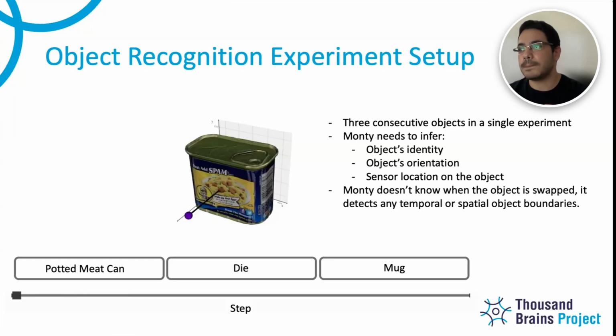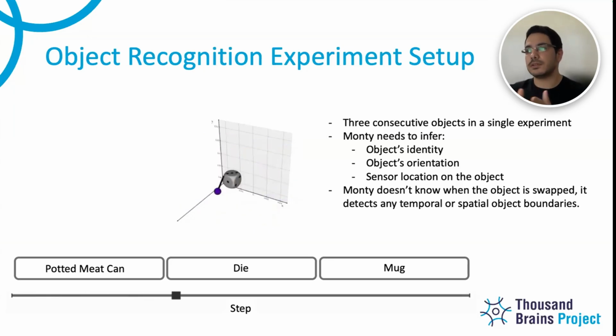Now the cool thing about this experiment is that Monty also doesn't know where one object ends and a new object begins. So if we're at a potted meat can, and then it magically switches to a die or a mug, it has to figure out when that happened, basically all the temporal or spatial object boundaries, which is also useful for learning compositional models.